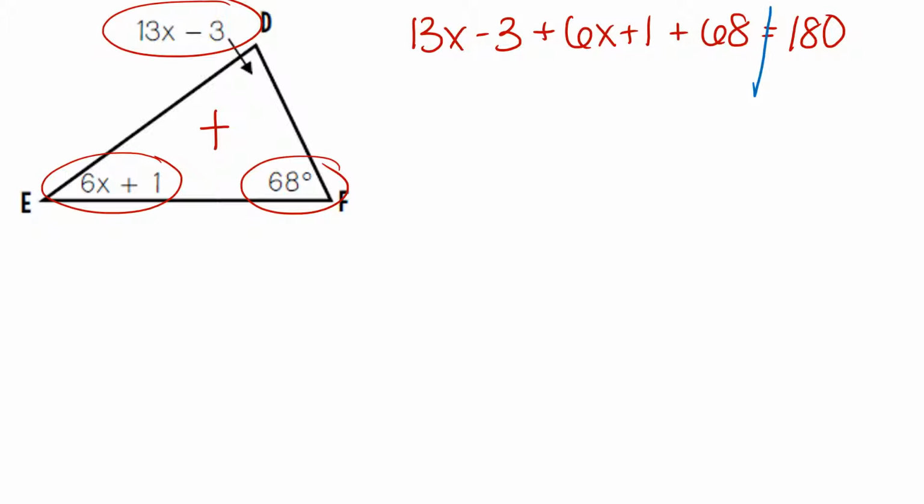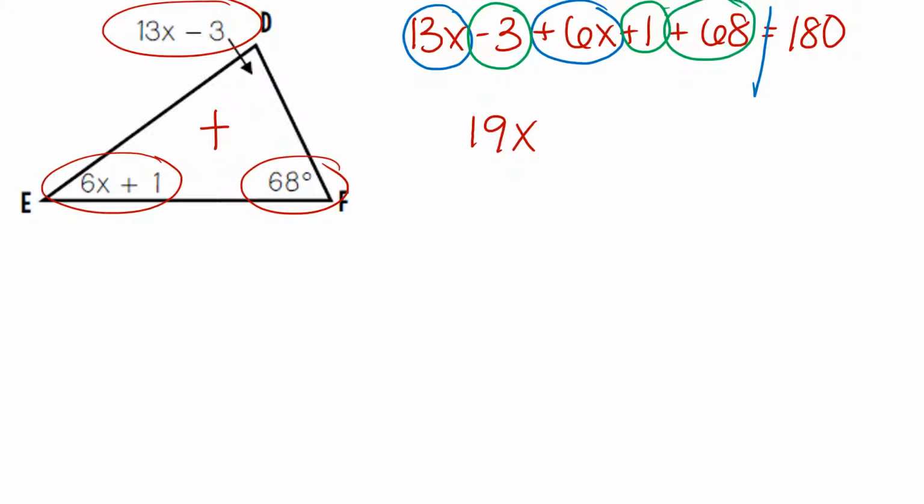When we combine like terms, we can combine the 13x plus the 6x. 13 plus 6 is going to give us 19. Still combining like terms, the minus 3, the plus 1, and the plus 68 is going to give us 66 degrees. And we know that that's going to equal our 180.